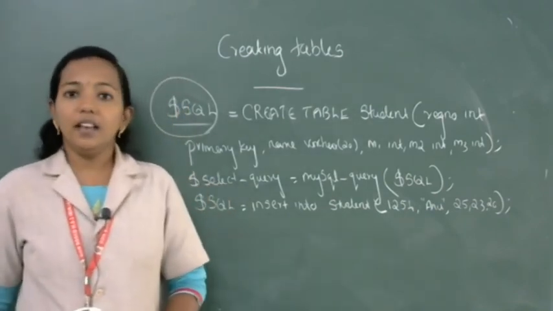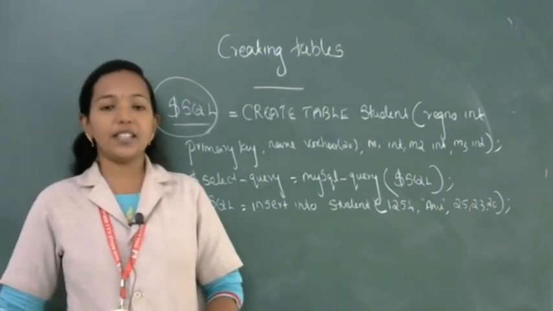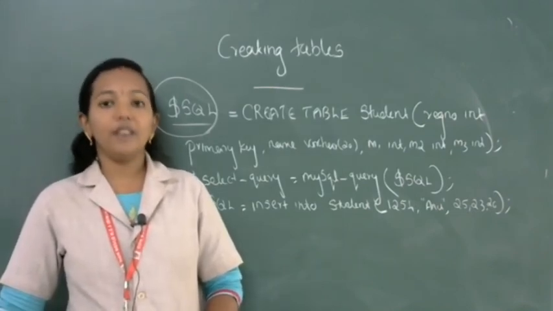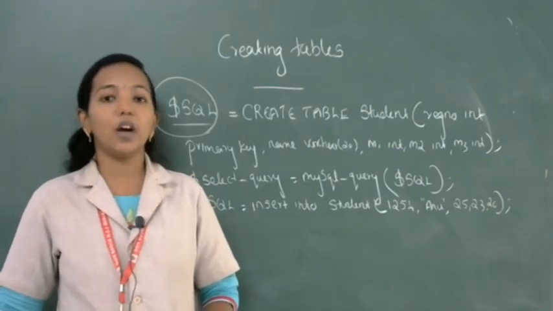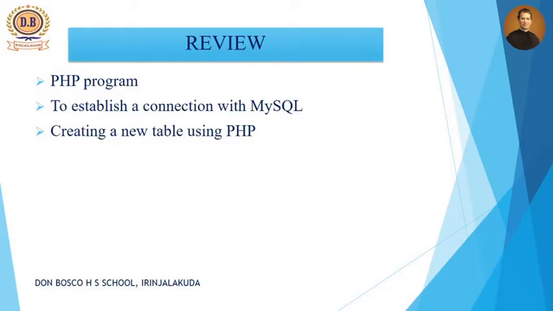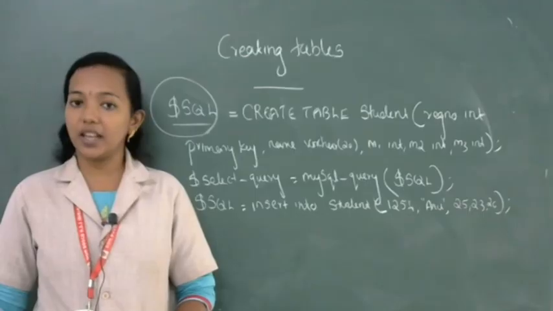Again we will revise the topics that we studied. We discussed a sample program that indicates the working of PHP with MySQL. In that program, we included all the functions starting with the MySQL connect function. The variable that we are using is $DB handle for establishing a connection.